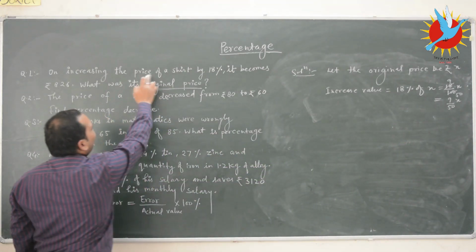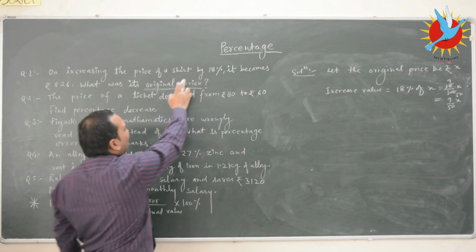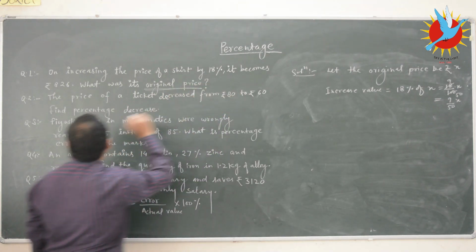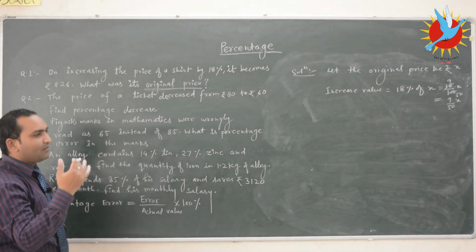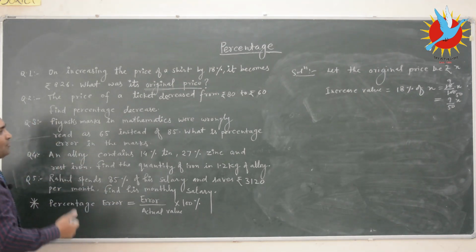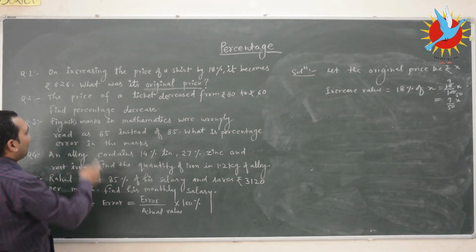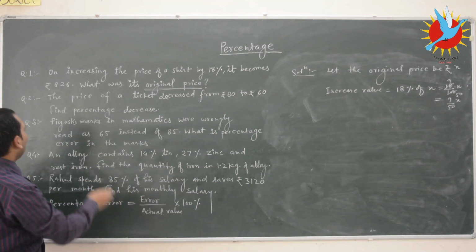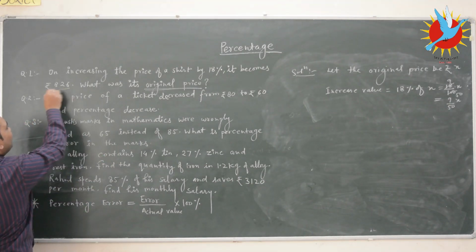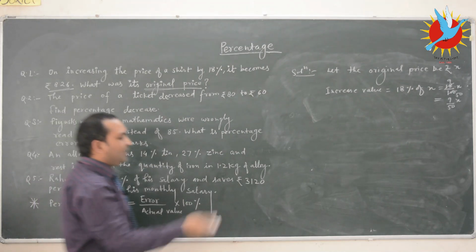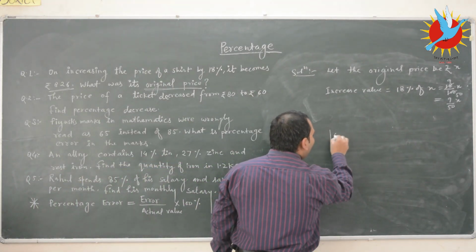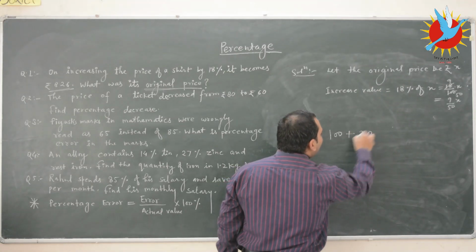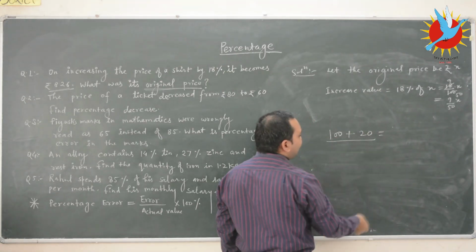So after increasing the price of the shirt by 18%, it becomes 826, which means the original value plus the increased value added together is 826. For example, if initially the price was 100 and 20 rupees increase, the new price is 100 plus 20, which is 120 rupees. Here the given 826 rupees is the new price.